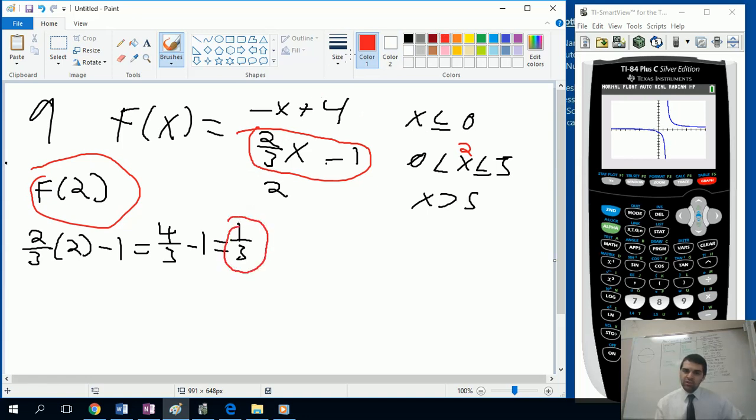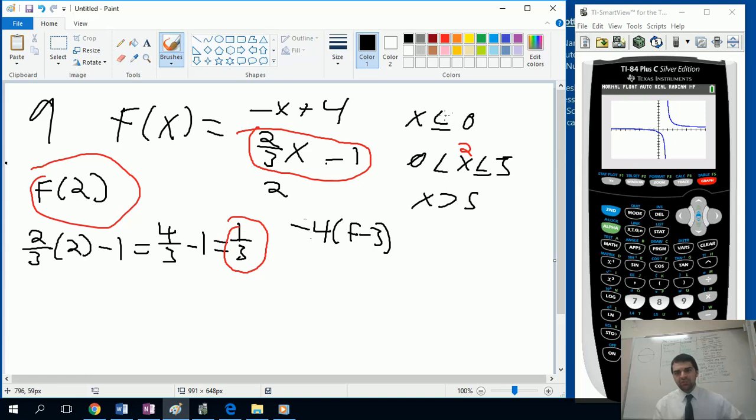Now we're going to do negative 4 times f of negative 3.